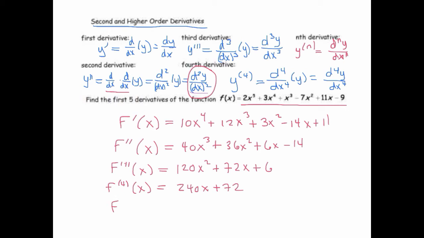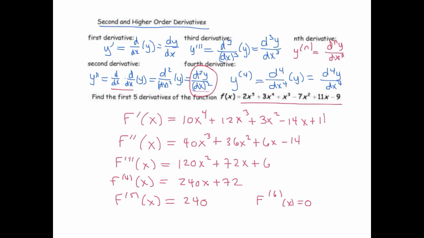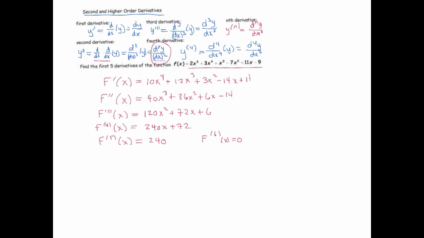And of course I could take one more to give me 240. And we might as well finish this off. The 6th derivative is going to be 0. And then after that, all other higher derivatives are going to be 0 as well, right?